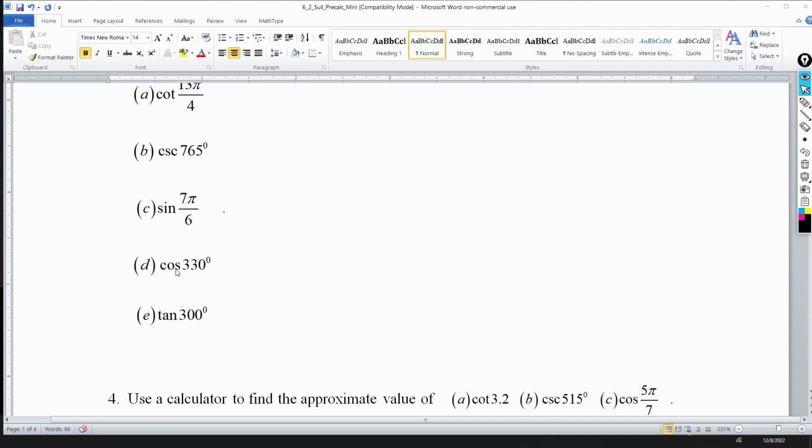Now for the next one, we want the cosine of 330. So you can change this, because the unit circle is given in terms of radians here, you can convert this 330 to radians using multiples of pi for your standard definition.